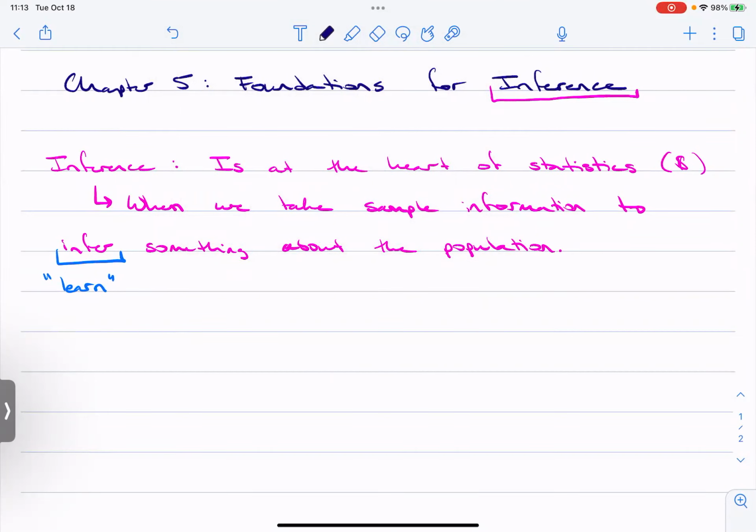So what I want to do is kind of give us an idea for the next few chapters of what we're going to be doing, because it's nice to have this overview. Of course, it won't really make sense until we get through it, right? But it's nice to have this overview of, okay, what are all the things that we can talk about here? And so in chapter 5, I think of it as learning the rules of the road, right?